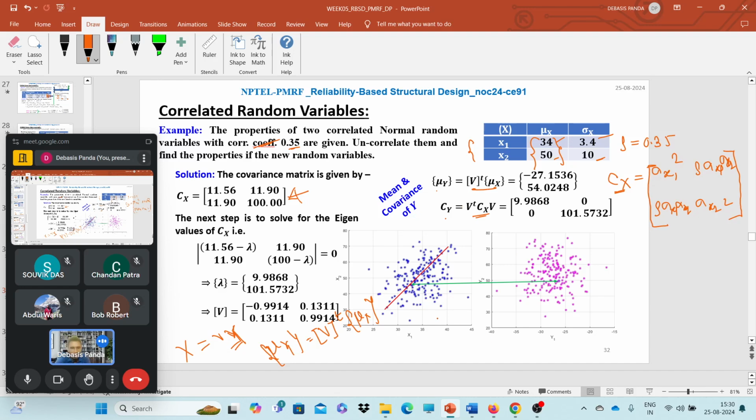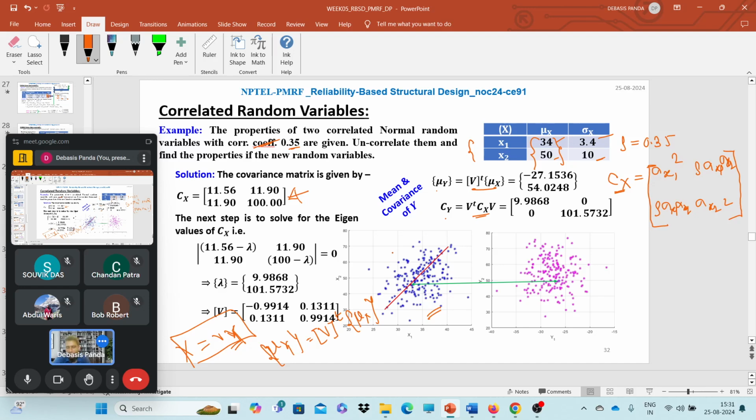So here we can see that in X domain they are correlated and there was some correlation coefficient, but once we transform them into uncorrelated domain through X equals V into Y, that orthogonal transformation, we have seen that the correlation is not there, but we have the same number of points as x1 and y1.